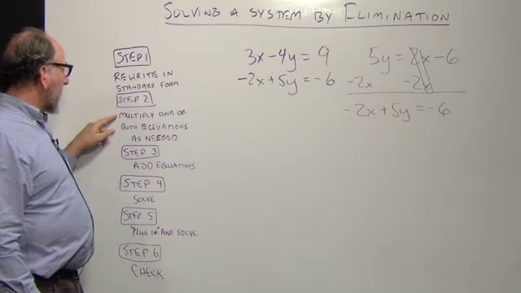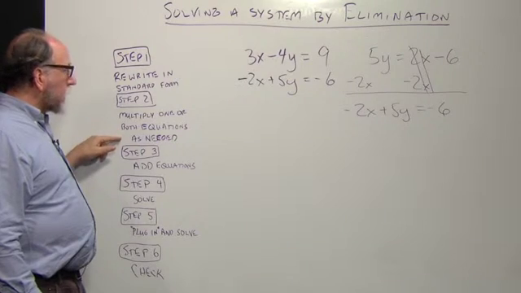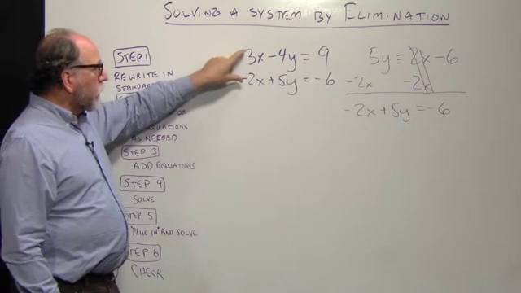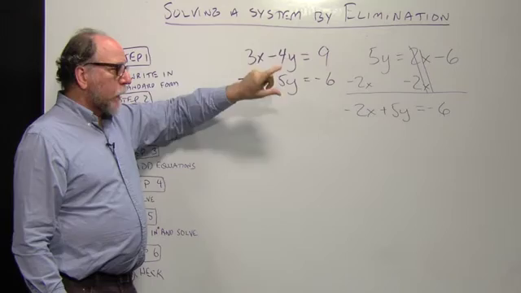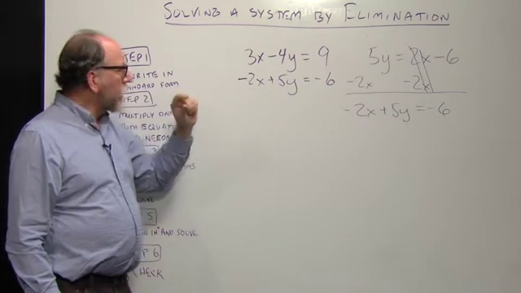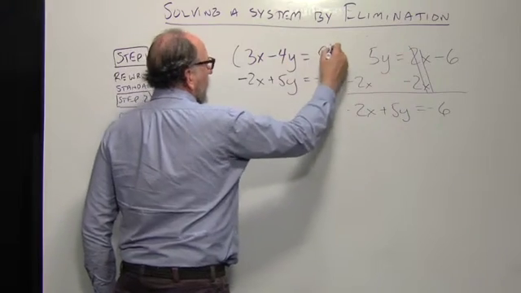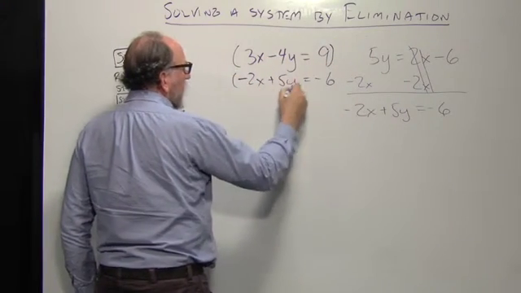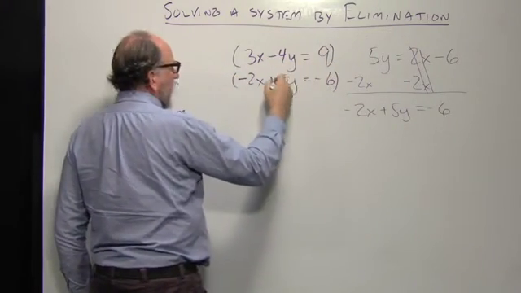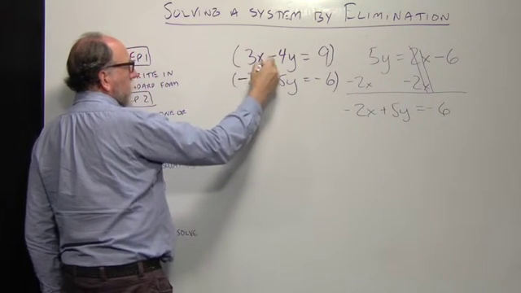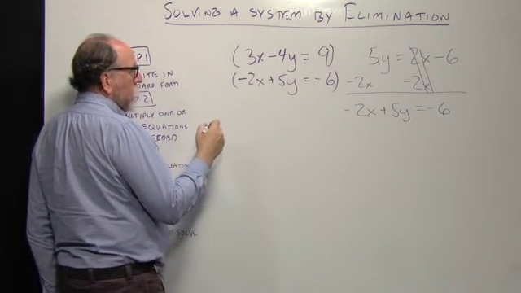We want to multiply one or both of these equations as needed by some number that will create a positive and a negative of the same number. We're going to have to multiply both of these equations by something, because one of the numbers doesn't divide into the other for either the x's or y's coefficients, rather.